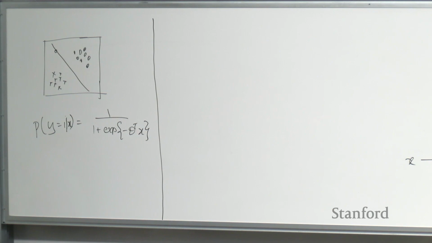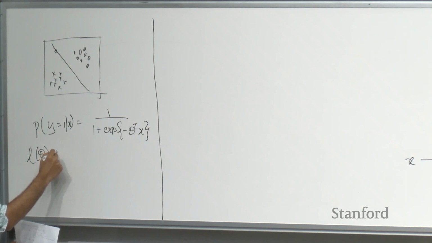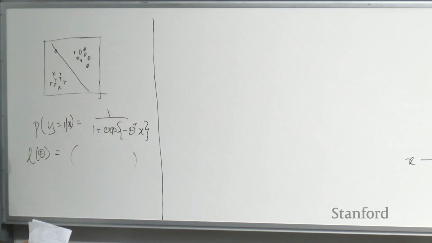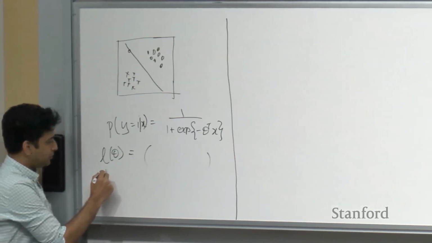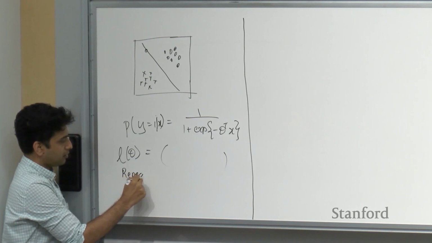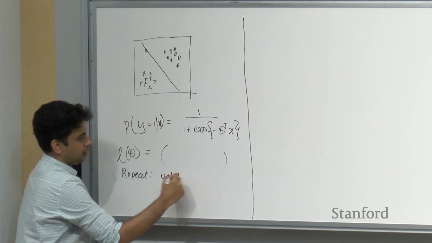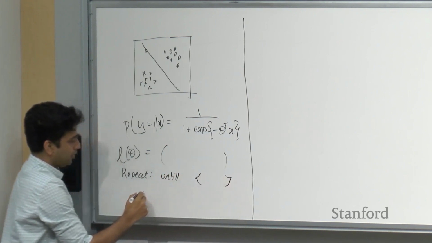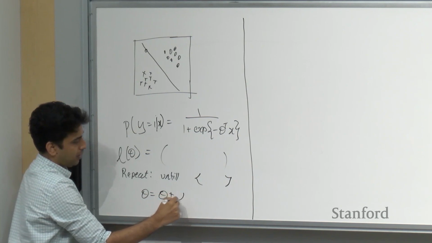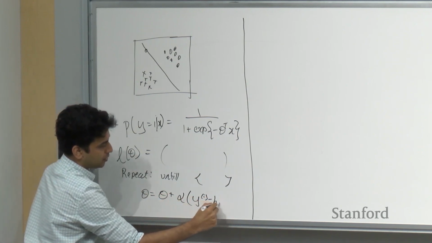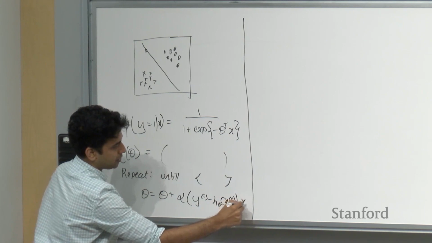right? Why not? Actually, I don't think I caught your P of y given x explanation really well. So what I mean by that is, we define this L of theta equals some expression, right? And now in order to minimize this, we have this iterative algorithm where we say repeat until some condition, and you do theta equals theta plus alpha times (yi minus h_theta of xi) times xi, right?